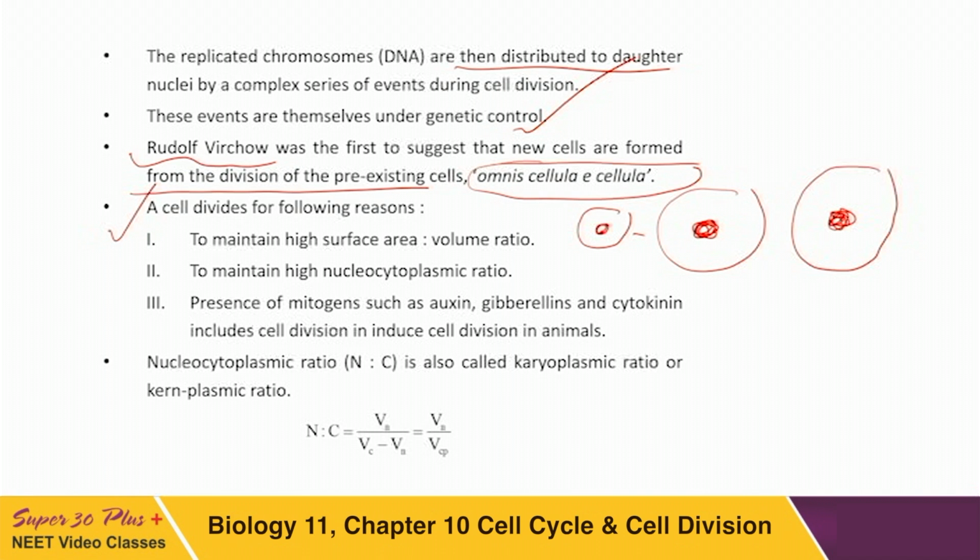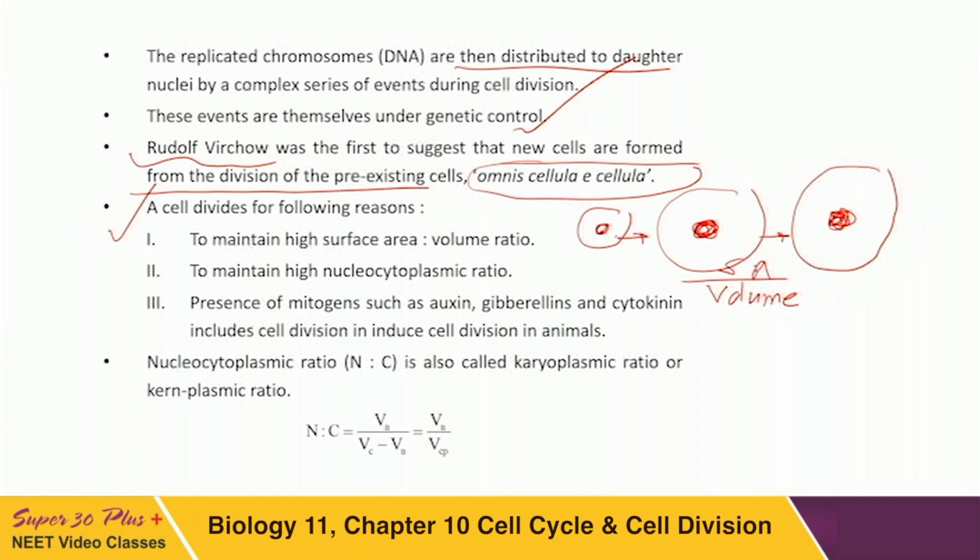You see here, if you take the volume of the cell and the surface area, the ratio of surface area and volume: when the cell grows, children, you know, the surface area will decrease. That is, in a young cell the surface area will be more, and in a cell which is fully grown the surface area will be less.